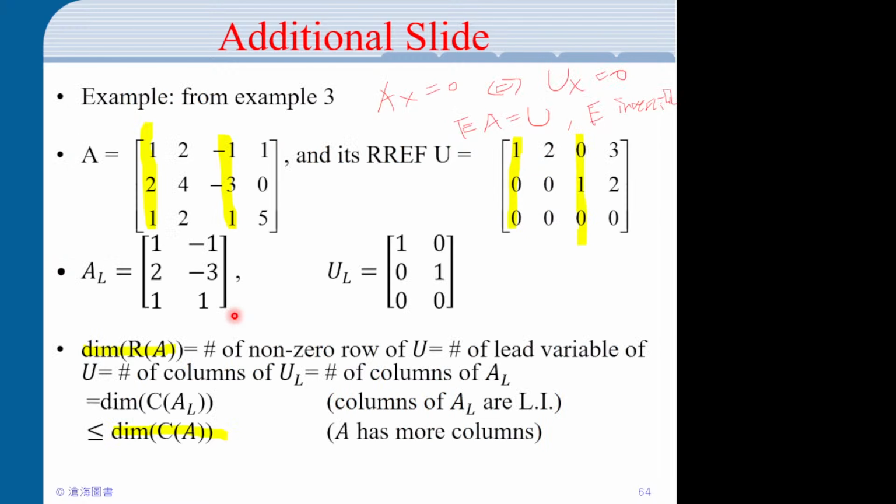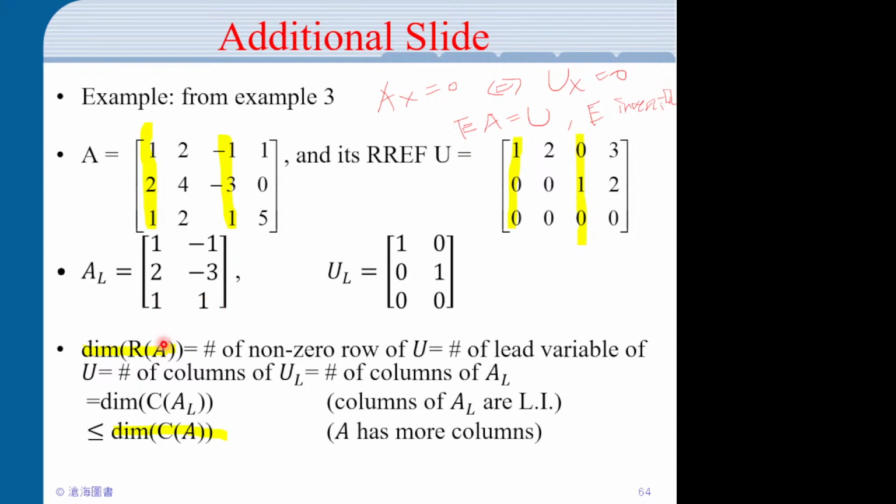And about the result, it is important, but we have something additional, which is that this process of going from A to U to UL to U to A is actually a pretty useful process.